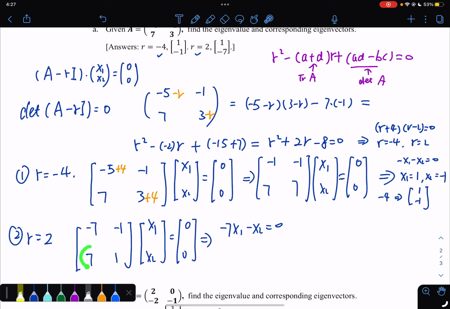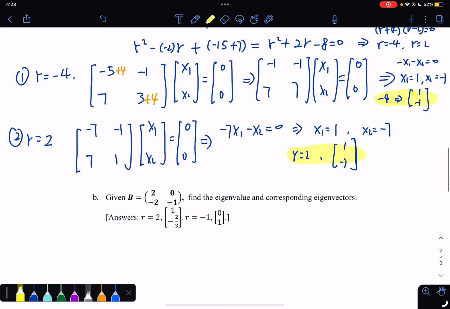If you were to write the other one, you're going to end up with 7x1 plus x2 is 0, which is the same equation multiplied by -1. So mathematically equivalent. You could have chosen x1 to be 1, and therefore x2 is -7. So the corresponding eigenvector of R being 2 is 1, -7. So that's why I had my answers like this and like that.